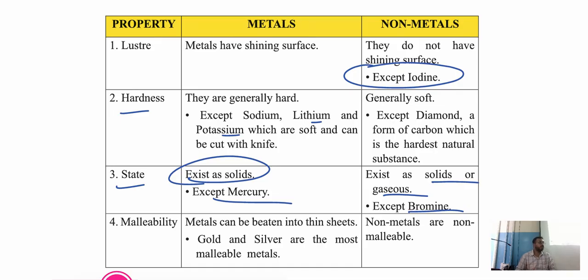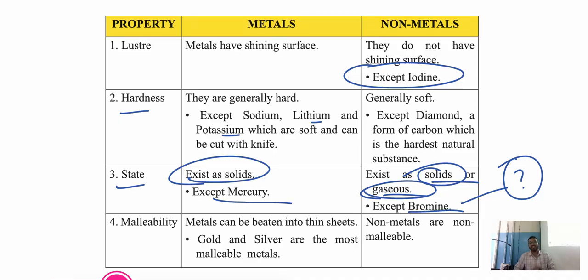Bromine is what? In which state is it? Solid, liquid or gaseous state? As I told you, non-metals exist in solid and gaseous state. Except bromine, I said. If it was solid state, then why should I say the word except?